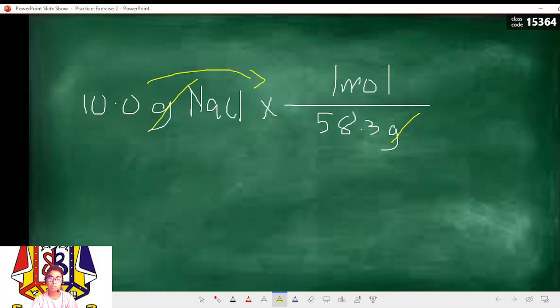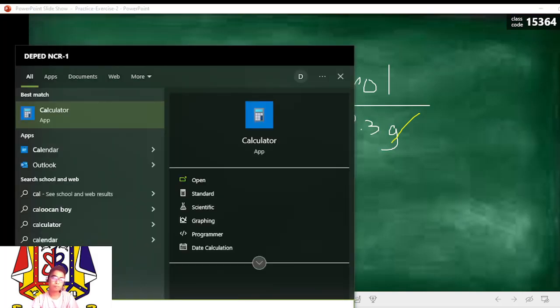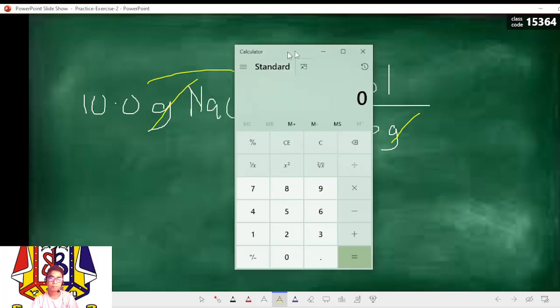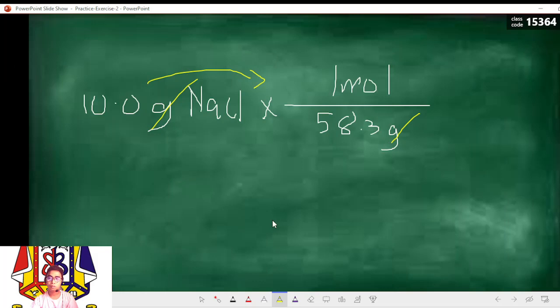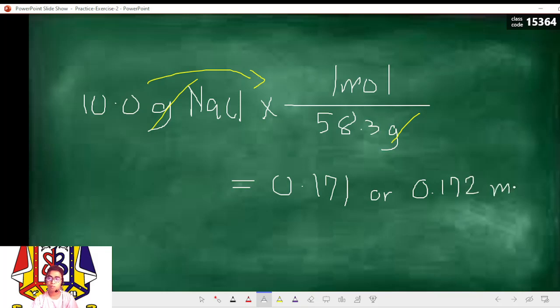Let's use the calculator. 10 divided by 58.3 gives us 0.171, or 0.172, mole of sodium chloride. That is the number of moles of sodium chloride.